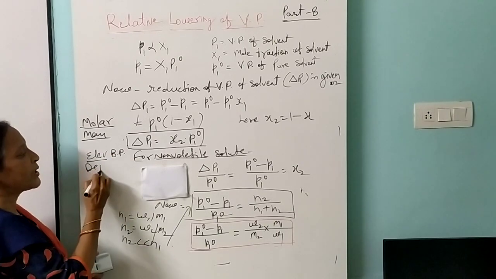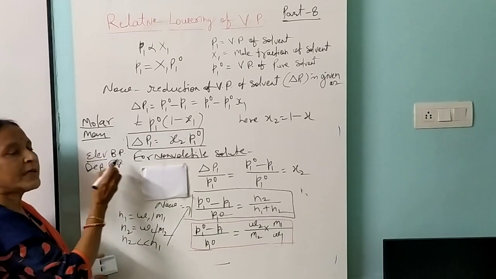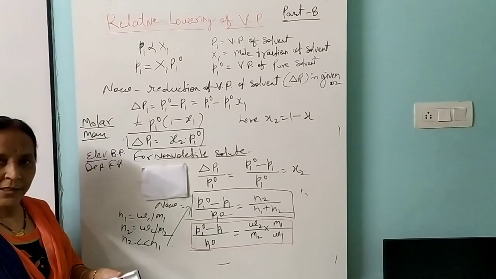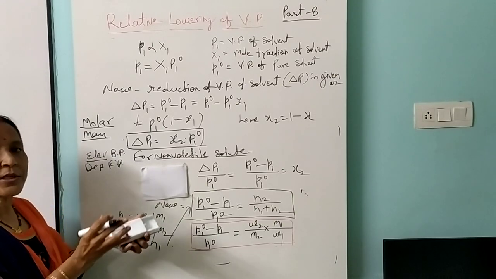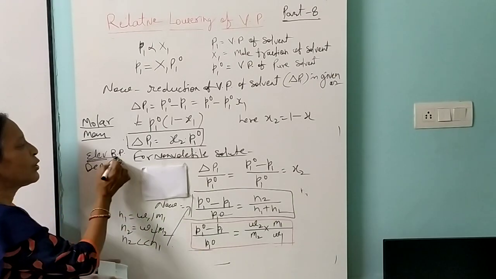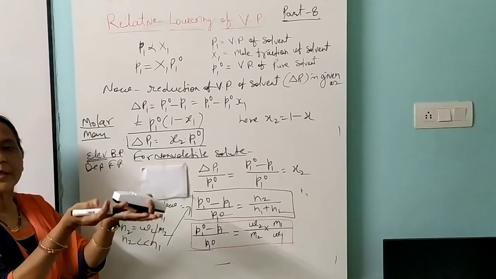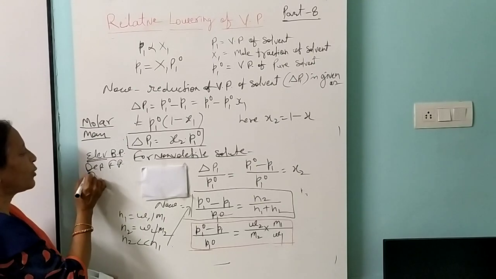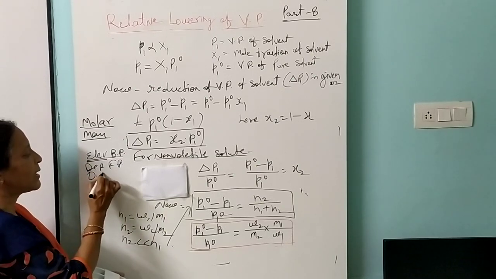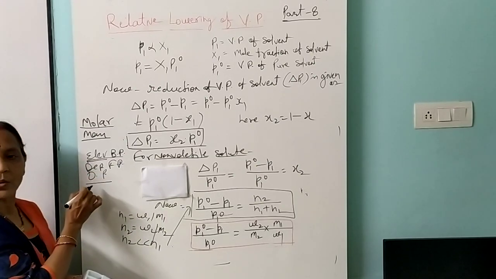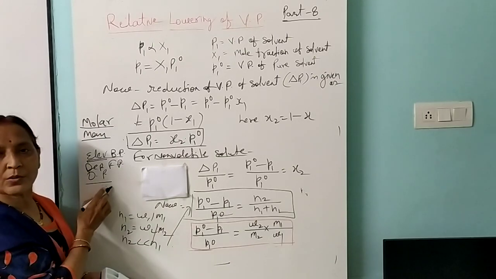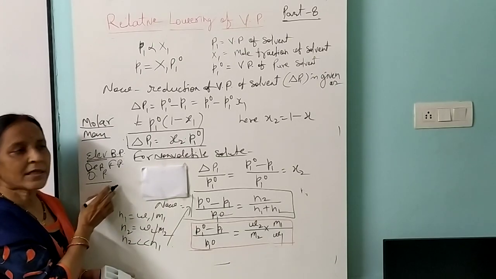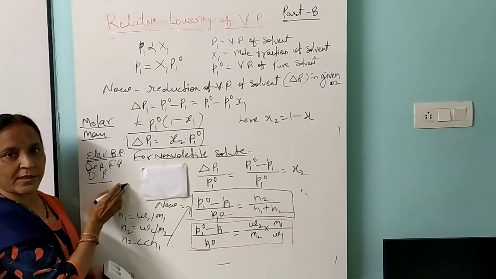Then depression in freezing point, it means decrease in freezing point. Elevation of boiling point means increase in boiling point. And one more very important property, the osmotic pressure of the solution. In this lesson, we will study this also.